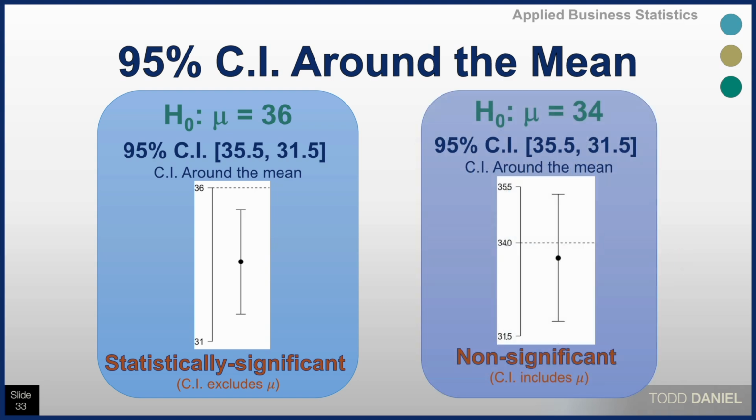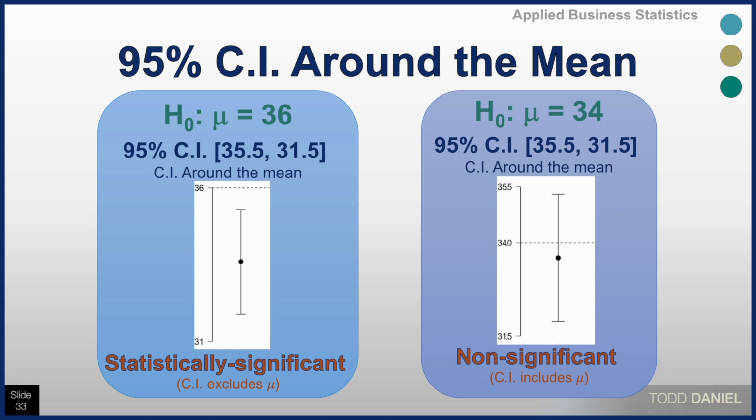Here's a different example. This time, my null hypothesis is mu equals 34. I have that confidence interval of 35.5 to 31.5. You see how now the confidence interval captures the null hypothesis value? The null hypothesis value is inside the interval.